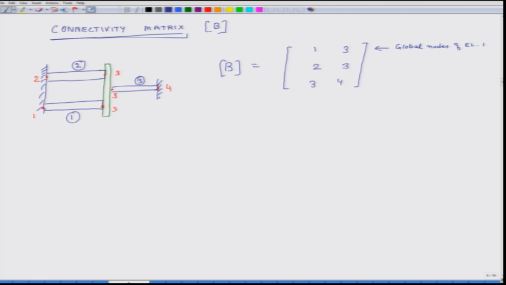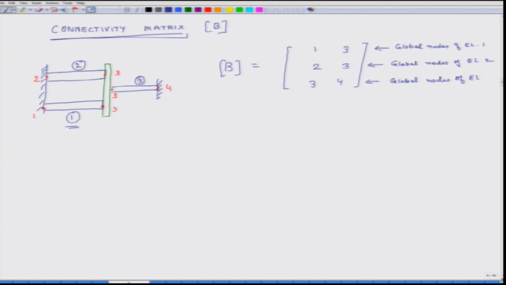My first element is this one, its first global node is 1, second global node is 3. The second row represents the global nodes of element number 2, that is 2 and 3.